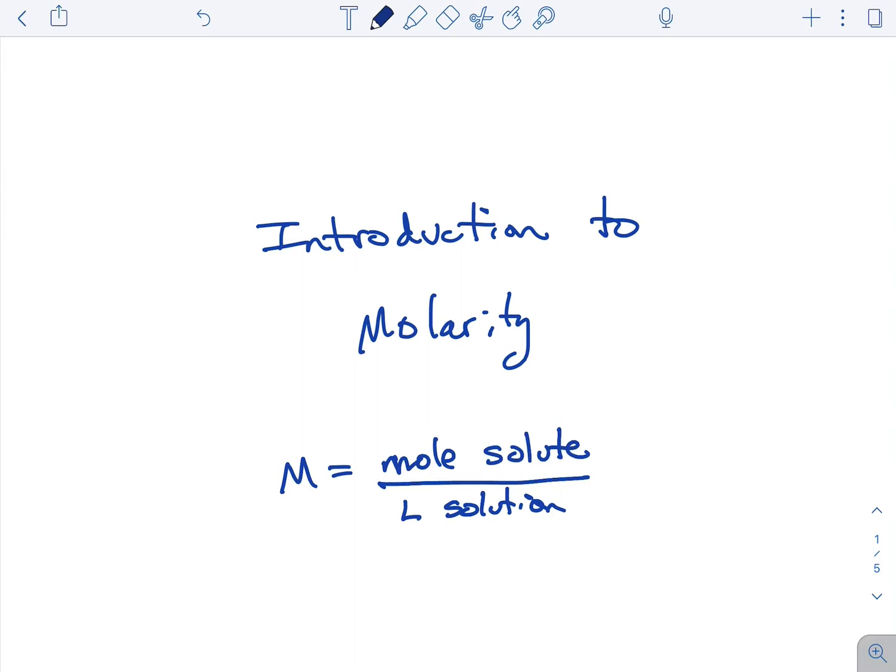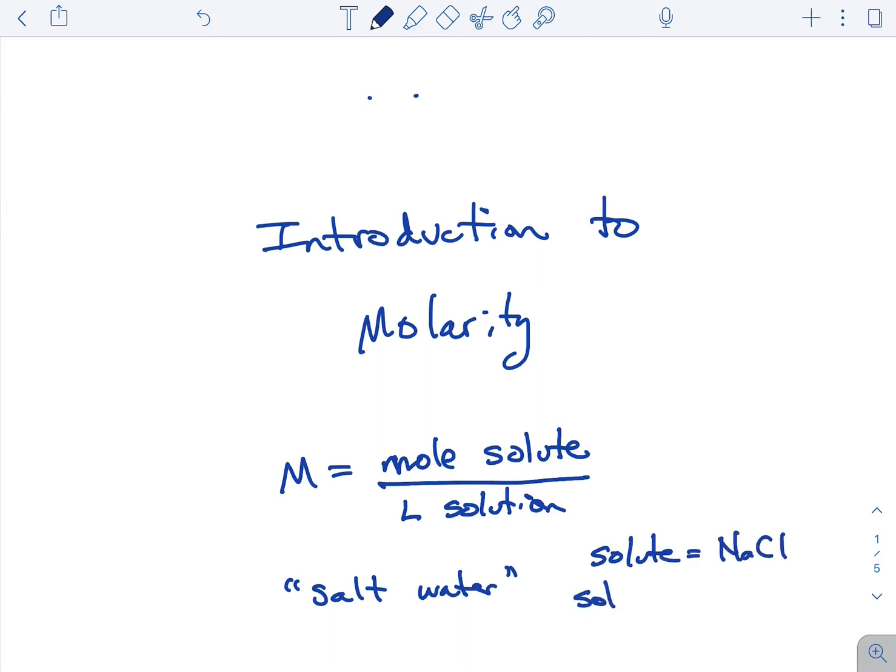If you think about something like what we refer to as salt water, that's salt dissolved in water. So the solute is the sodium chloride, the salt that's dissolved.